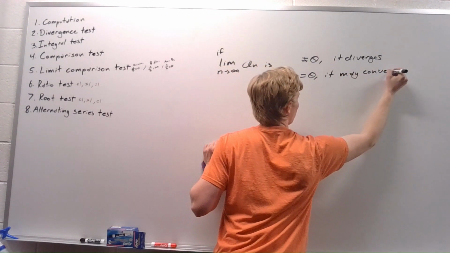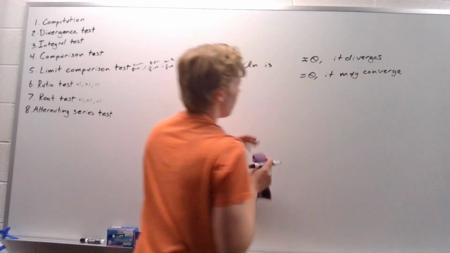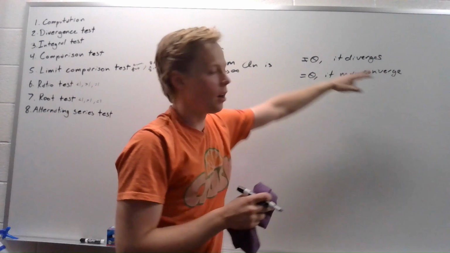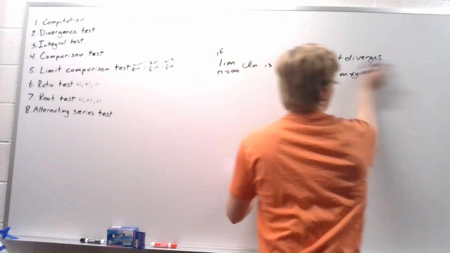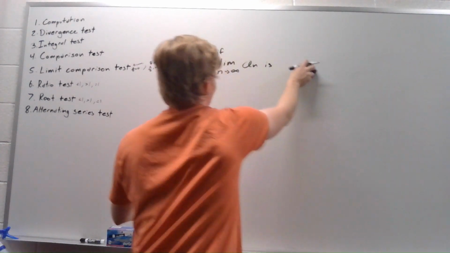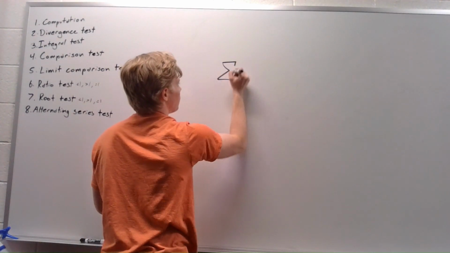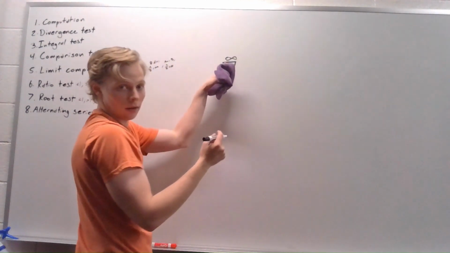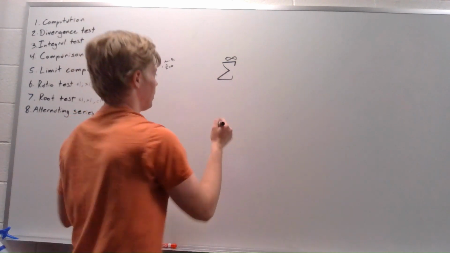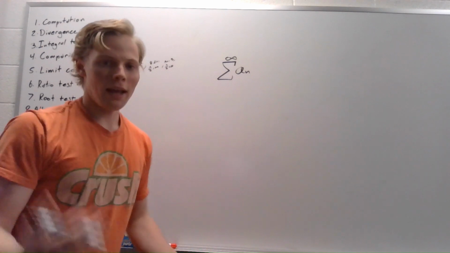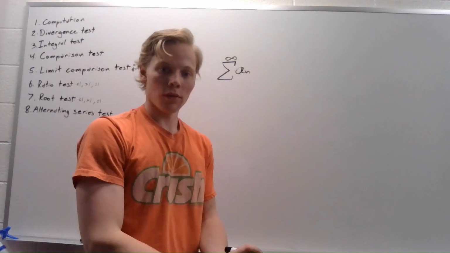And so why is this? Why does it have to diverge if the limit of a sub n is not equal to 0? Well, think about it like this. If you have the sum of an infinite number, because remember, we're adding up infinitely many of these, of a sub n, and a sub n never gets closer to 0.